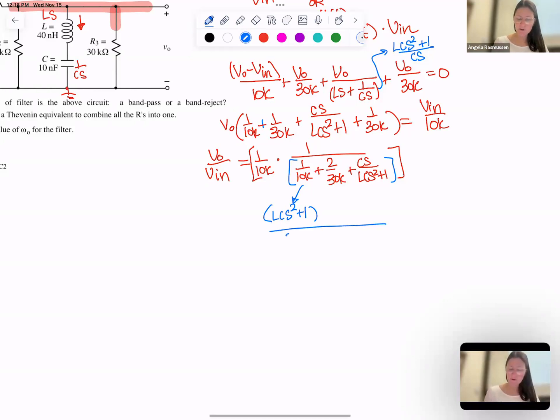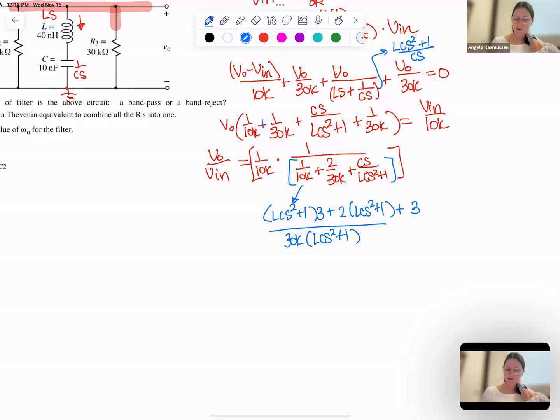So this is all going to be over 30K LCS squared plus 1 to make this a common denominator. For this first one, it's going to be 3. Then this will be 2 times LCS squared plus 1, and then this will be 30K CS.